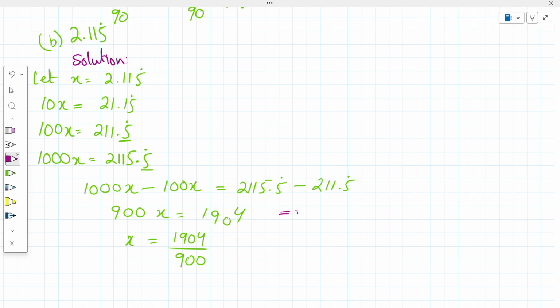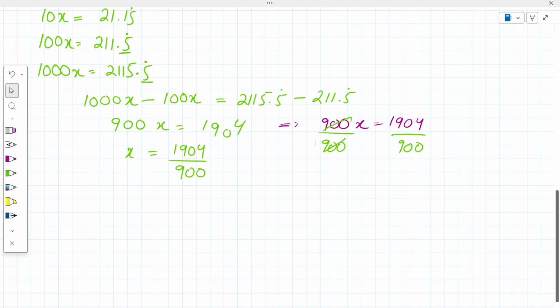For that we are dividing that equation by 900. 900 ones are 900, so that's how we get this equation.